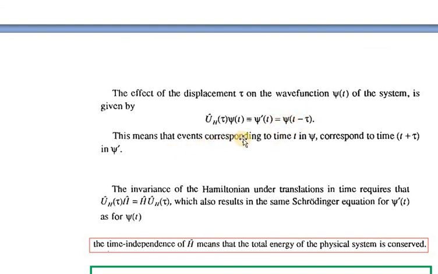This means that the events corresponding to time t in ket psi correspond to time t plus tau in psi prime. Two different frames for this as a transformation equation.